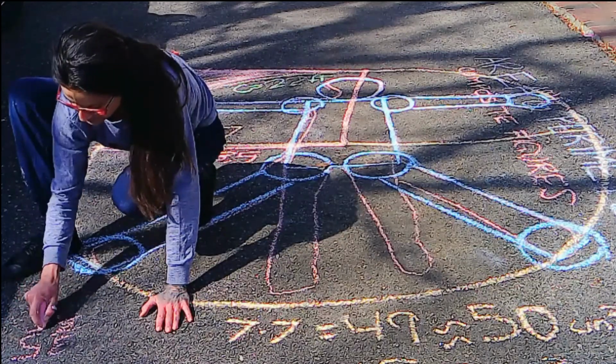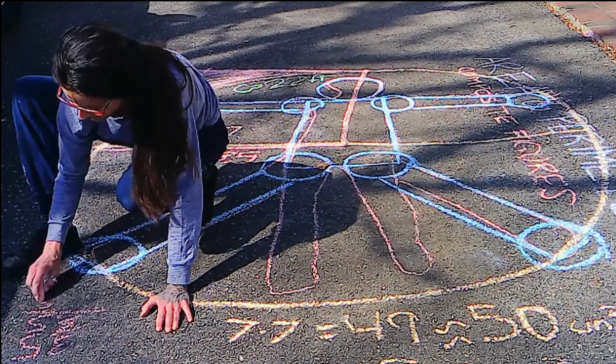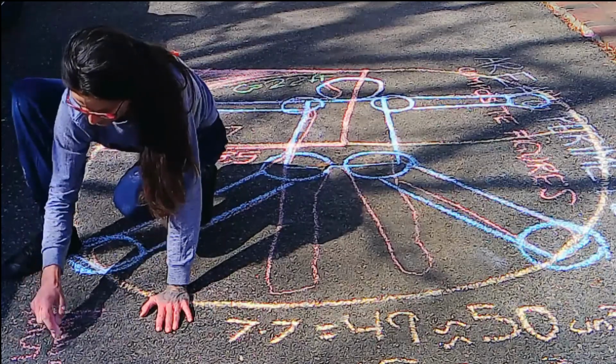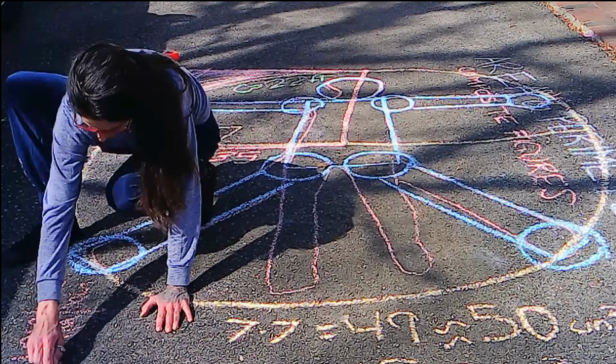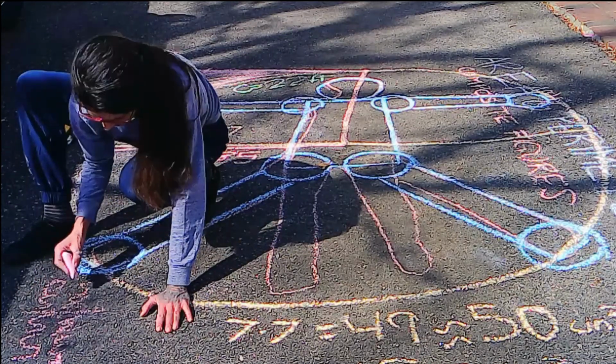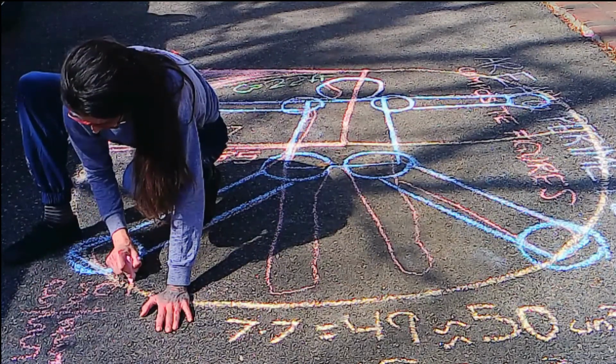So 3.5 times 3.5, 5, 2, 6, 8, 0, 5, 1, 9, 10.